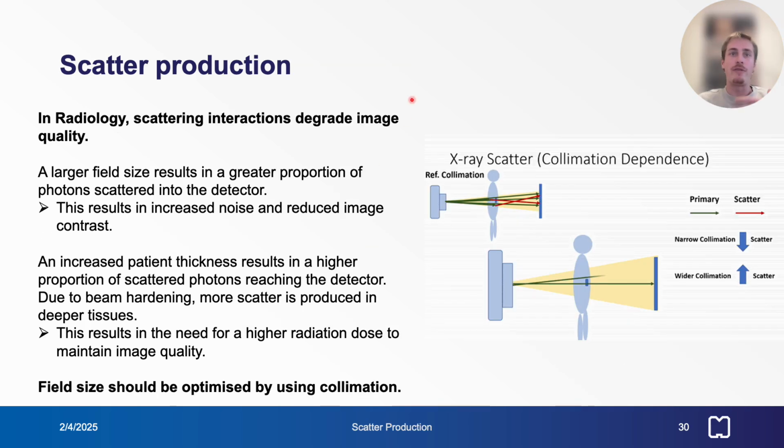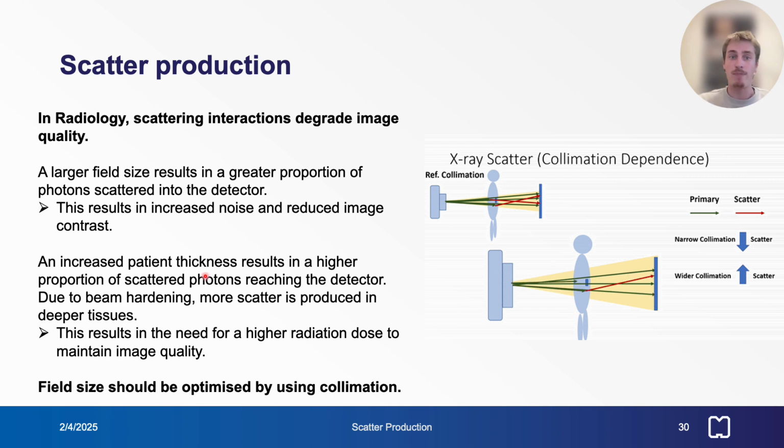Now, we've discussed narrow and broad beam geometries. In a more clinical focus, in radiology, scattering interactions degrade image quality. A larger field results in a greater proportion of photons scattered into the detector relative to a narrow beam. So this results in increased noise and reduced image contrast.